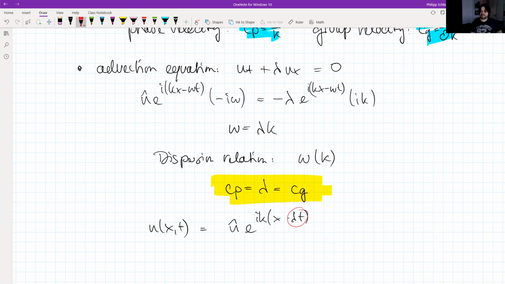And of course, you can say, well, this is not extremely surprising, and we have done that many times before. And of course, that's true. I have an advection equation, so my solution advects. So there's nothing really surprising with that. Advection with speed lambda, as expected.